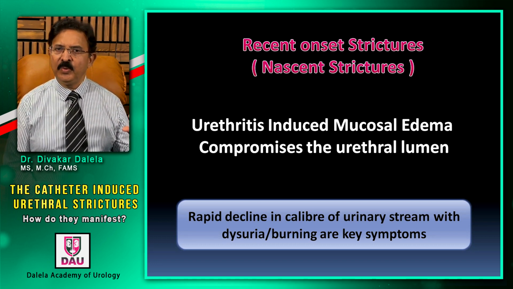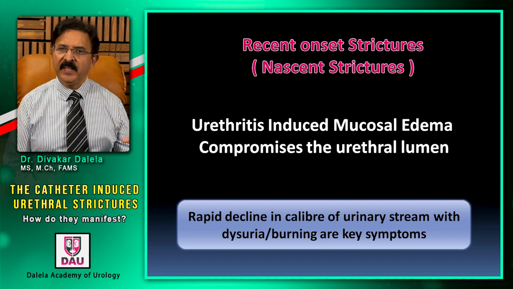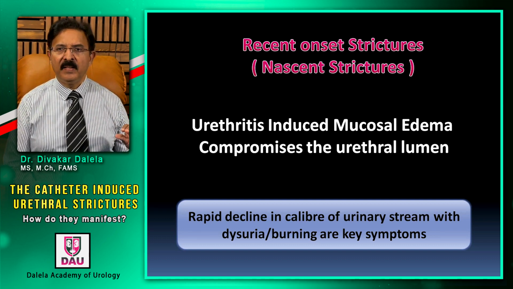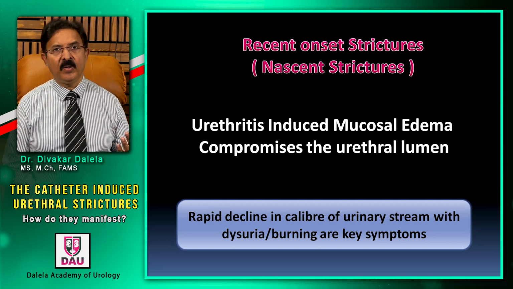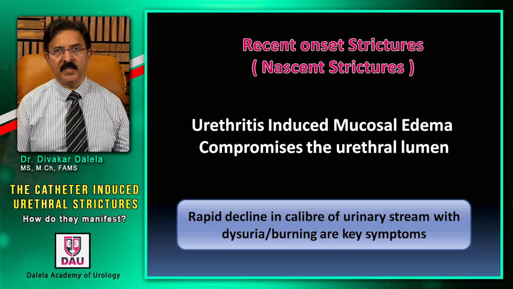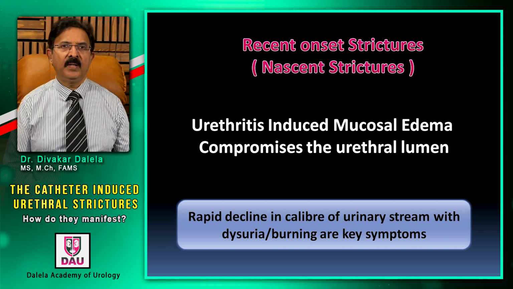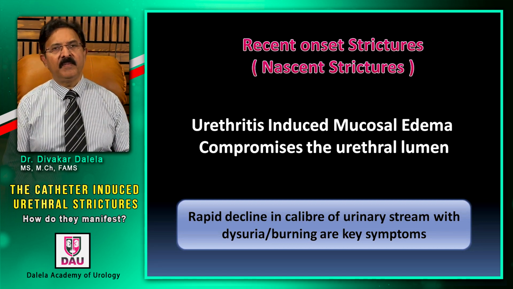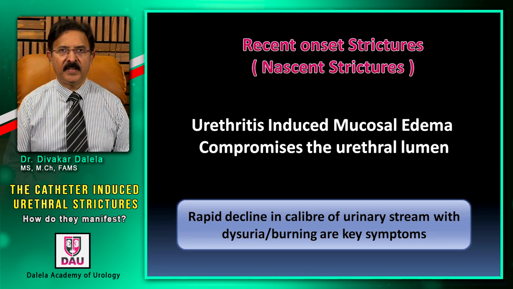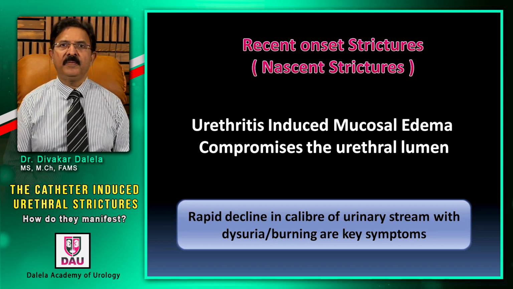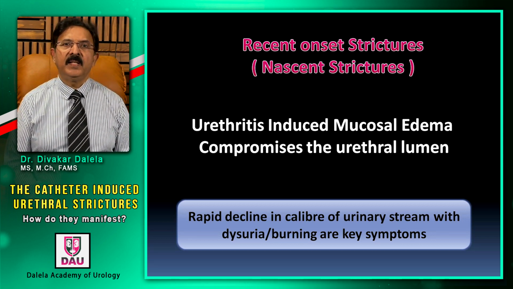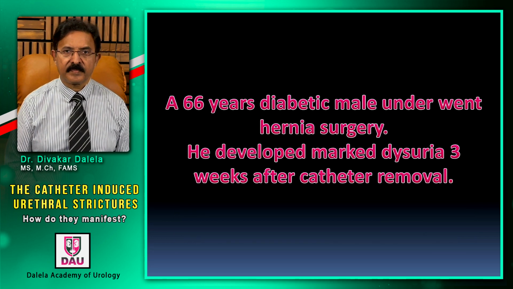This patient will come to you with a history of rapid decline in caliber of urinary stream along with marked dysuria and burning. He will say, I was fine, doctor, prior to this catheterization, and this catheter was removed, and after a week or a few weeks of catheter removal, my stream has become very thin and there is a lot of pain and burning. This is the classical presentation of catheter-induced nascent strictures.